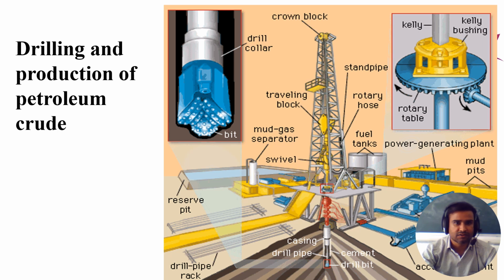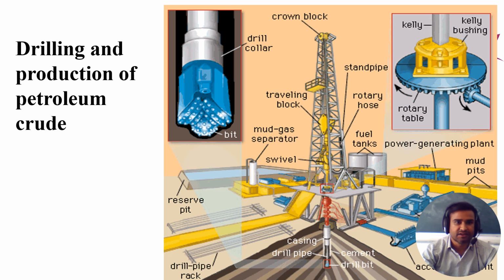This crown block is nothing but a pulley used to uplift and lower the drill pipes or any equipment that is sent to the well. This is a traveling block, so this travels up and down. Here a stand pipe is nothing but a drill pipe. Then you will see a rotary hose. This is a rubber pipe.